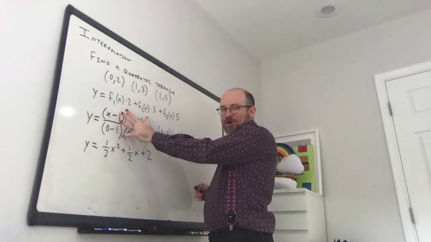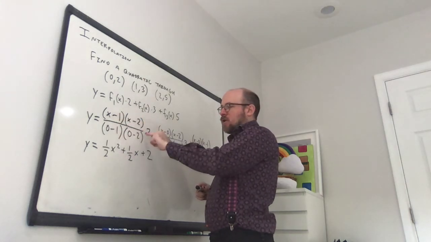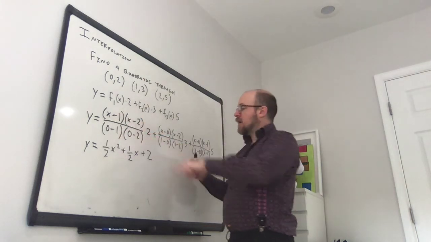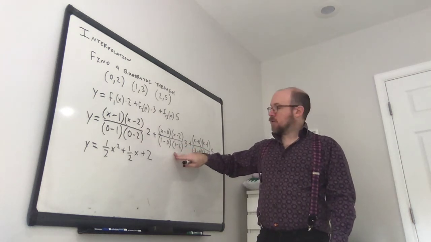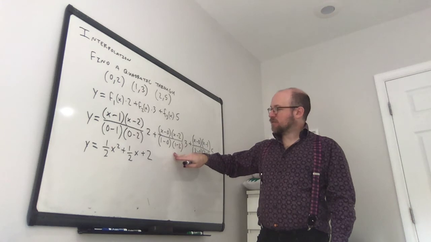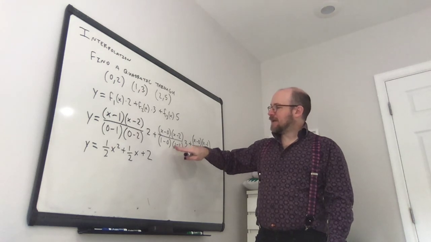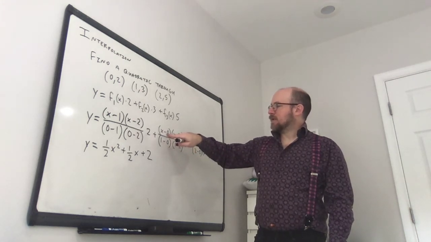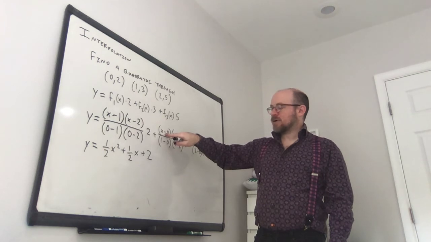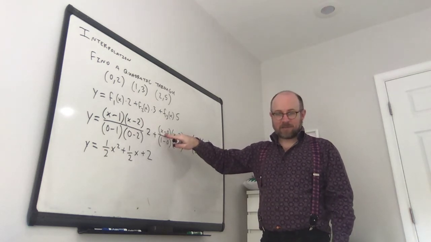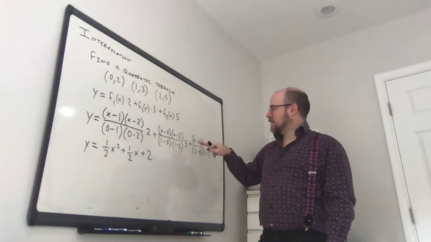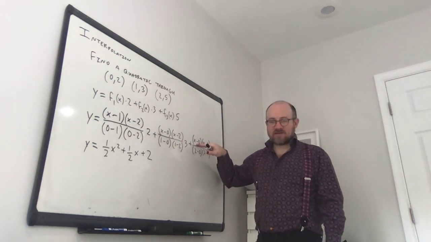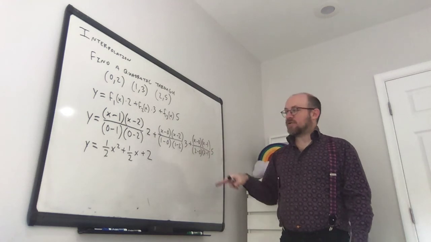So that term just becomes 1. We get 1 times 2. The other two terms become 0. Okay? So if you plug in x equals 0 here, you're going to get 0 minus 0, which gives you a 0 here. And so this whole thing gets zeroed out. Similarly here, you've got 0 minus 0. This whole thing gets zeroed out.